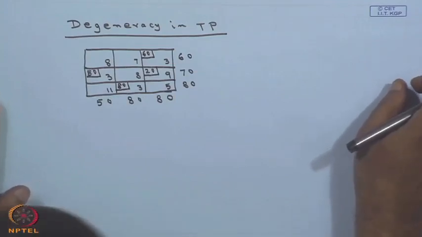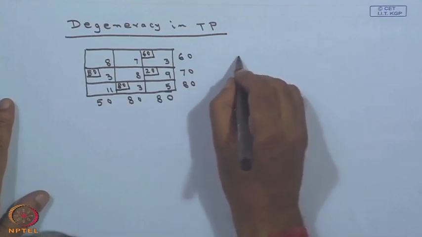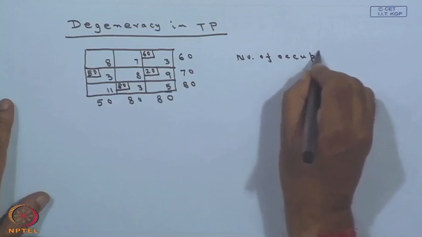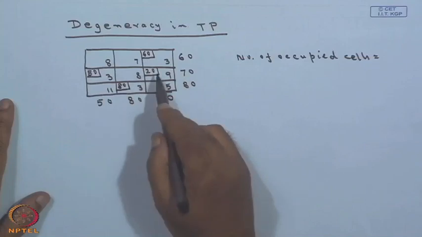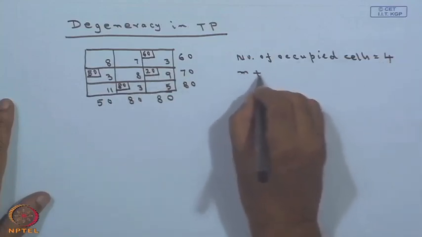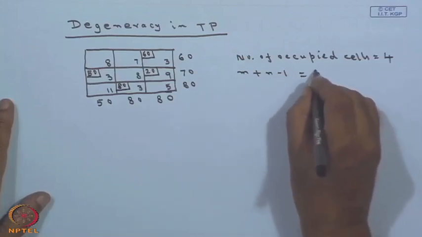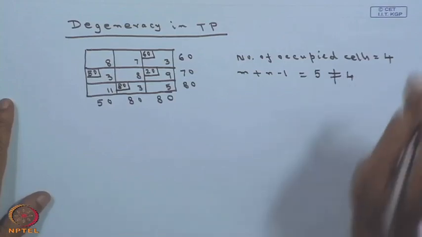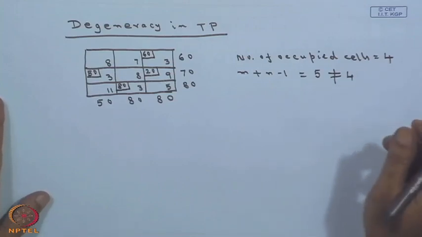Therefore, the number of occupied cells is 4, whereas m plus n minus 1 is 3 plus 3, 6, minus 1, 5. So 5 is not equal to 4, therefore the problem is a degenerate problem.